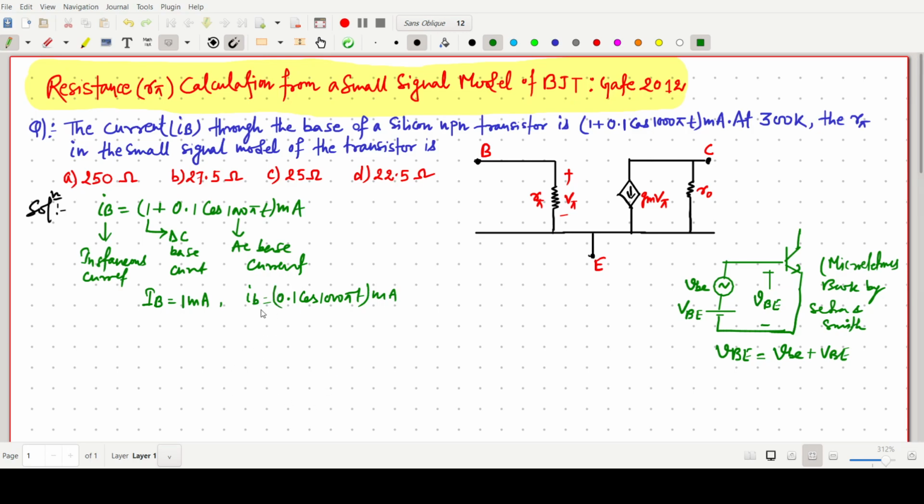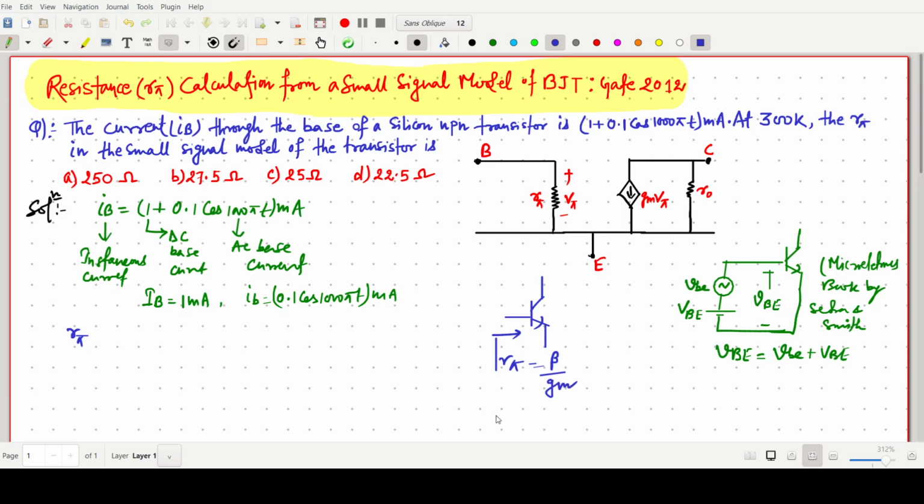Basically we have to find the value of R pi. We are very familiar with the resistance looking from the base side, which is basically beta by Gm.